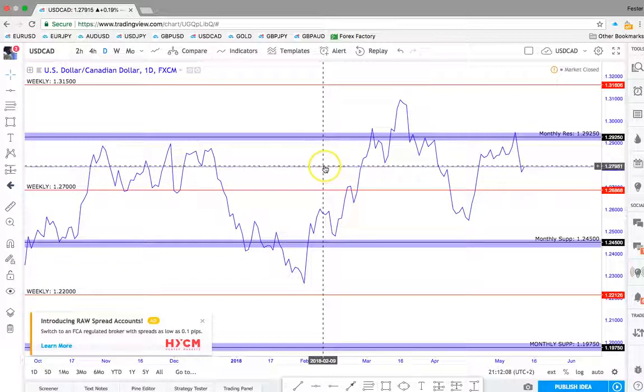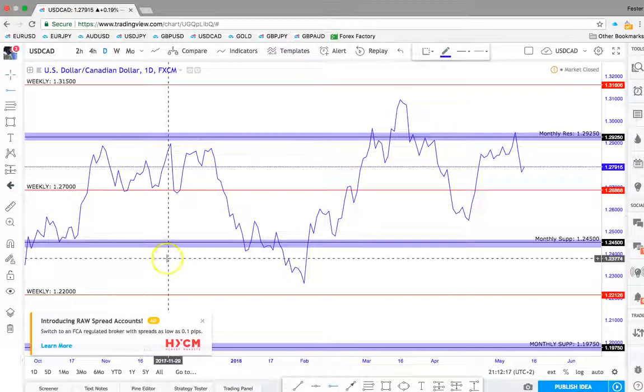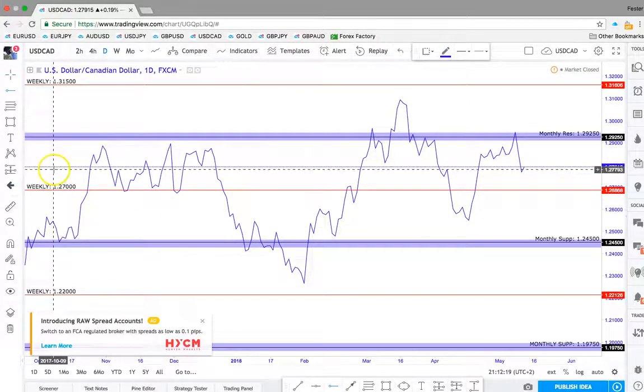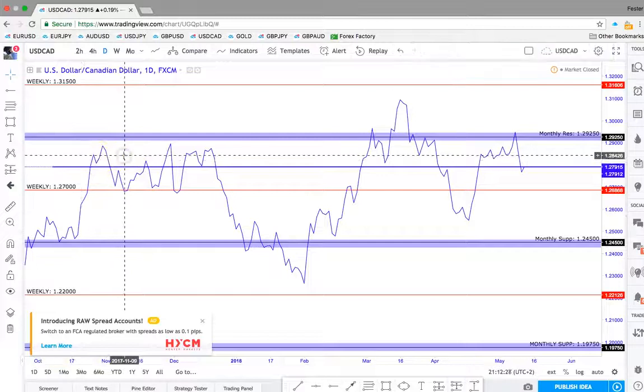So if I do just there, this is where you'll use your horizontal ray tool, and I'll place it like that. And I'll show you now why.